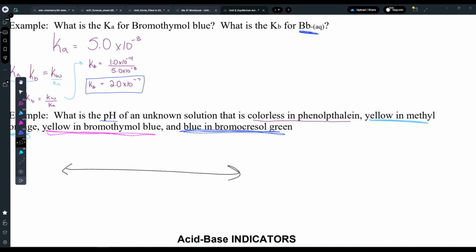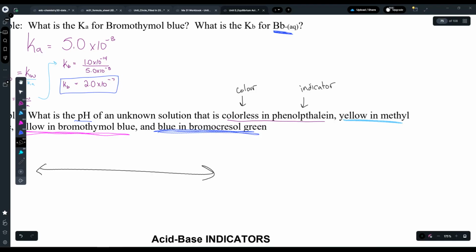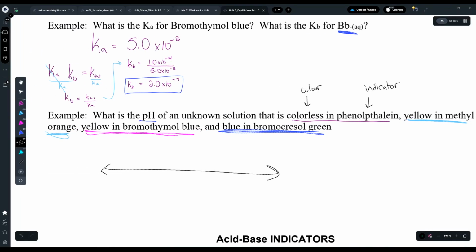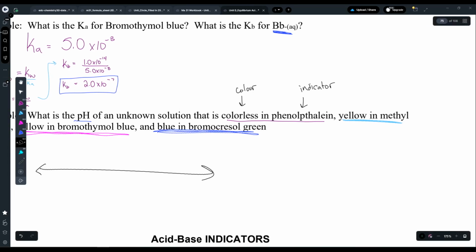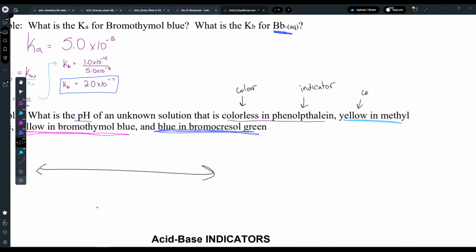You have to understand that when you're given these types of questions, with how this question is worded, the color comes first, and then the name of the indicator comes second. So when it says yellow in methyl orange, orange is not the color of the indicator. That's part of the name of the indicator. So yellow is the color, and methyl orange is the indicator.